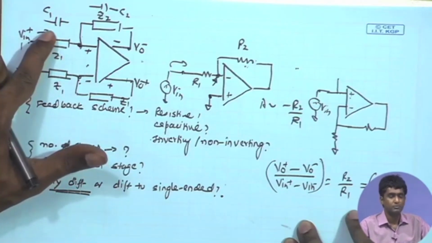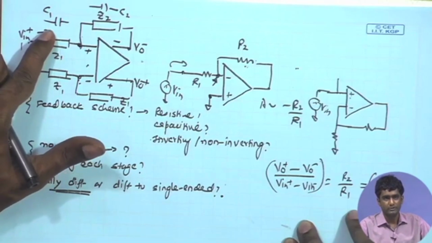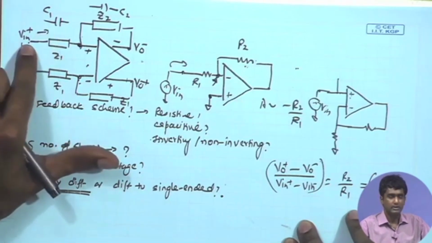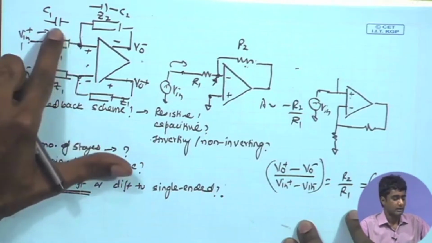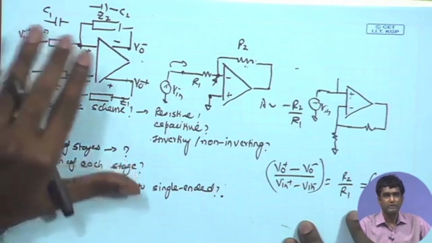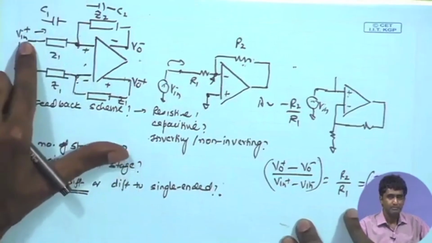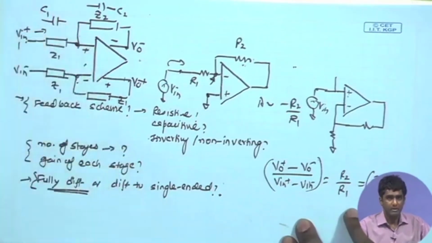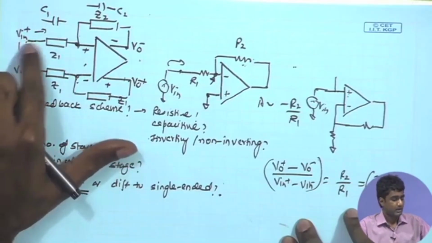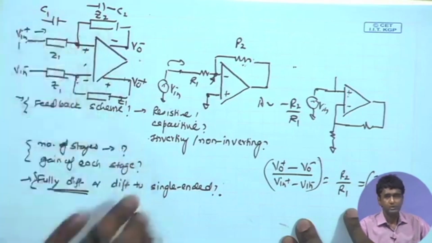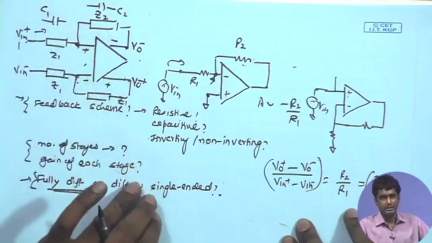For example, if I assume typical C1 values of a few picofarad, within 10 picofarad, within the desired frequency range, the input impedance can be pretty large. That small choice of C1 will ensure that my input impedance is above a desired value and the signal is not getting attenuated, and therefore we are going to stick with the choice of capacitors as the feedback element.